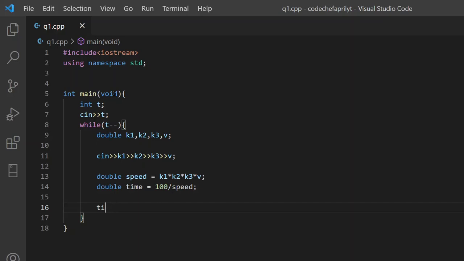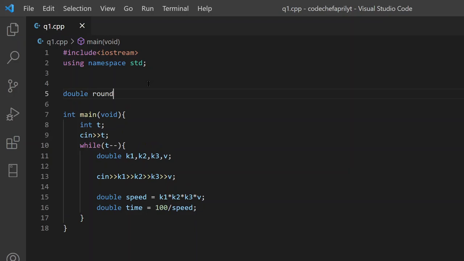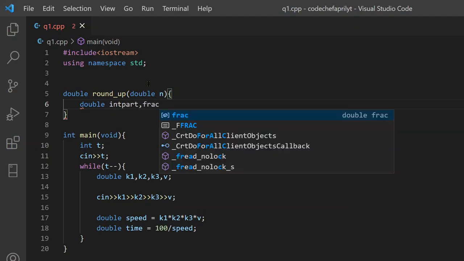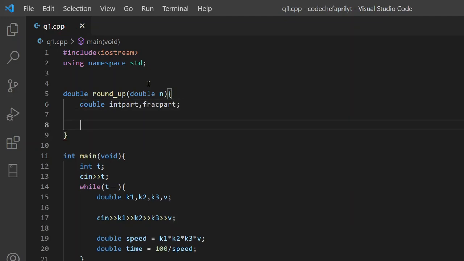The main thing is we have to round up, so let's create a round up function for that. It takes a number n, and first we are going to break it into the integer part and the fraction part. The fraction part will be given by a built-in function in the math library, modf, and it will take the integer part as a reference.